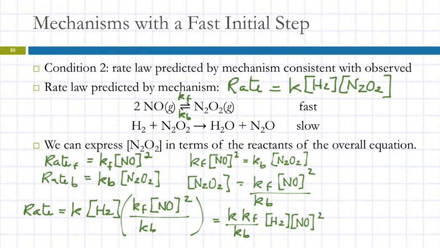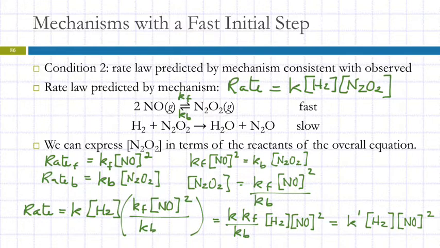We can just say, well, it's a constant. Maybe I'll call this K prime, just so that you don't think I'm making something disappear. It's a different constant. I am just doing algebra. That's all I'm doing.